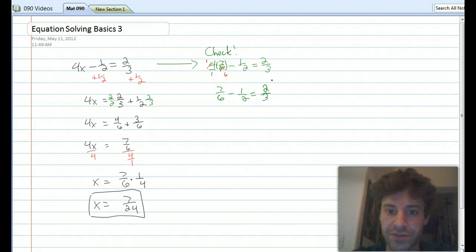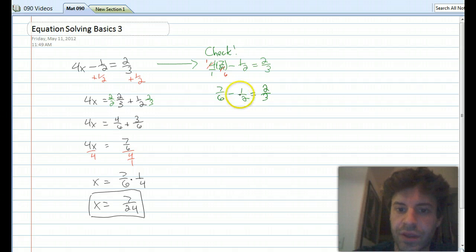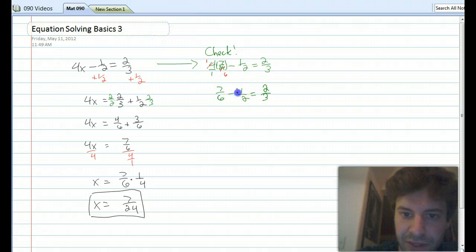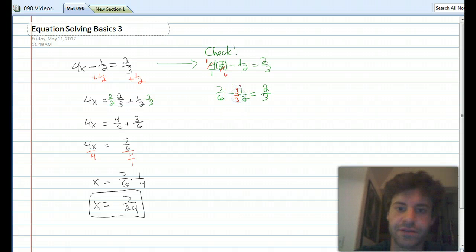I'm still not really sure if that's true, so we should do one more step of work to verify. The way you do that is you find a common denominator on the left side of the equation. That would involve multiplying the second fraction by 3 over 3. Again, if you want some assistance with fractions, you can go to the linked videos.